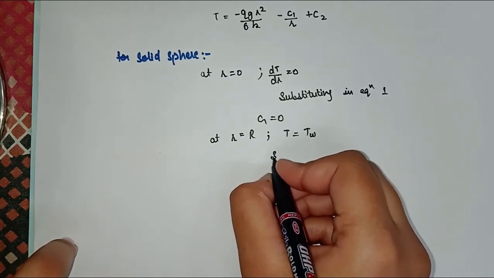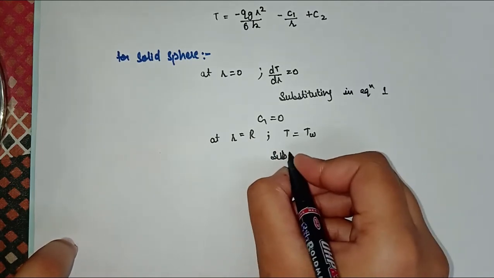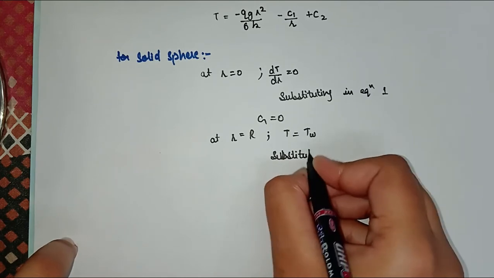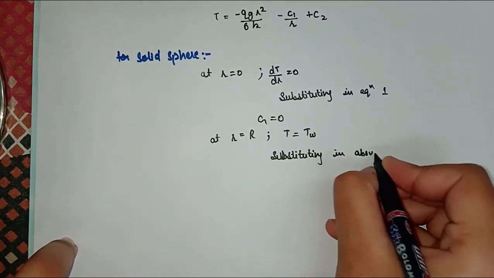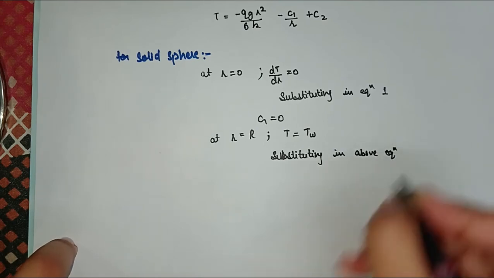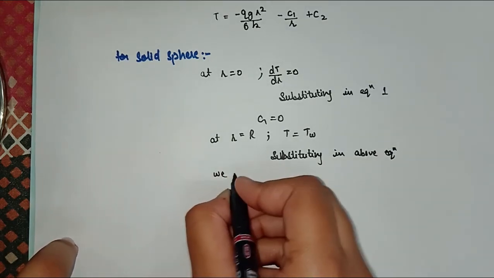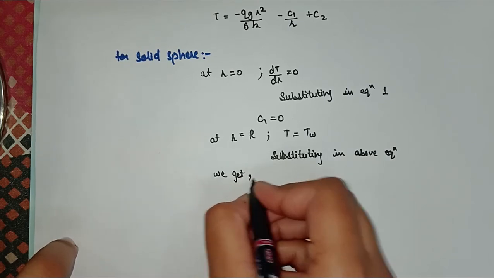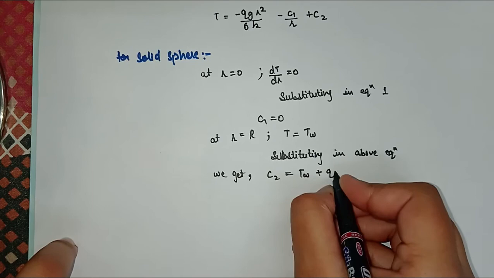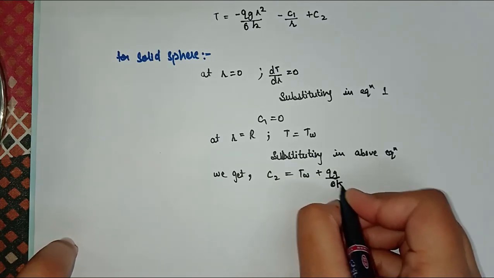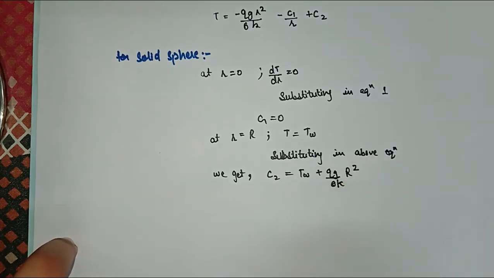Substituting this in the above equation, we will get c2 equals Tw plus qg divided by 6k capital R square.